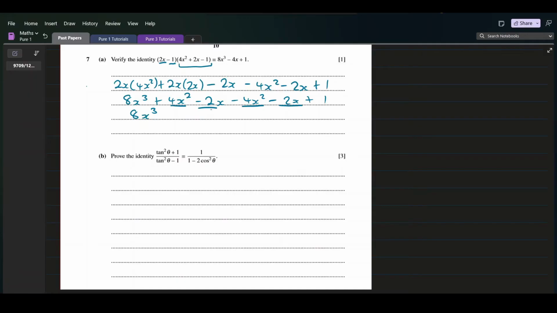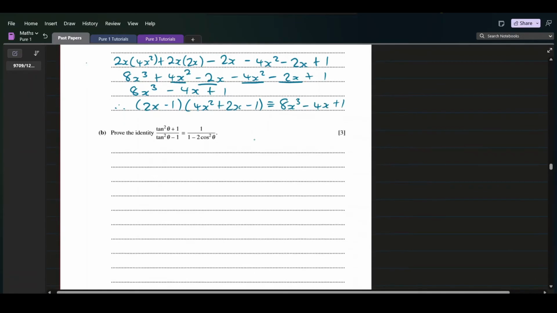Minus 2x minus 2x gives us minus 4x, and then we have plus 1, and therefore 2x minus 1 times 4x squared plus 2x minus 1 is in fact identical to 8x cubed minus 4x plus 1.